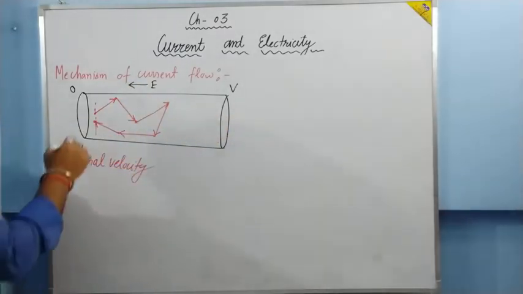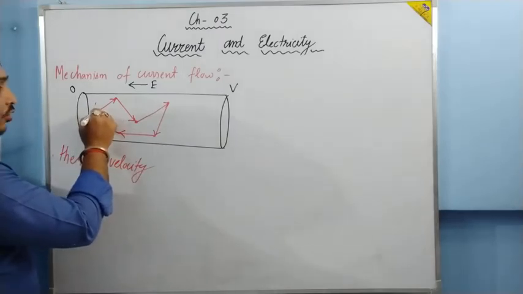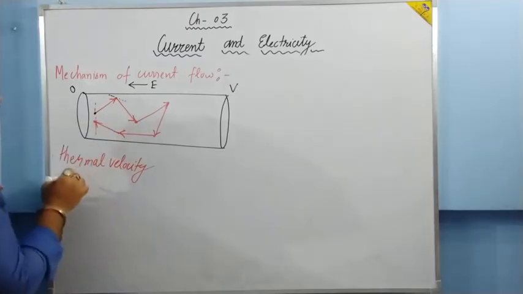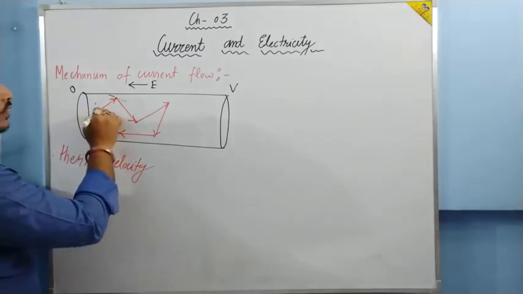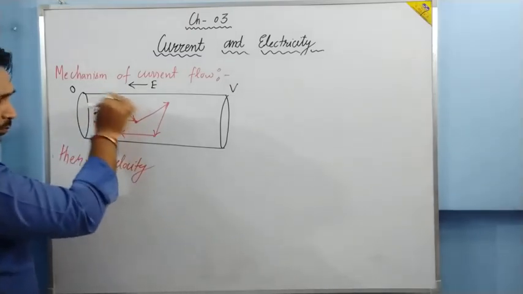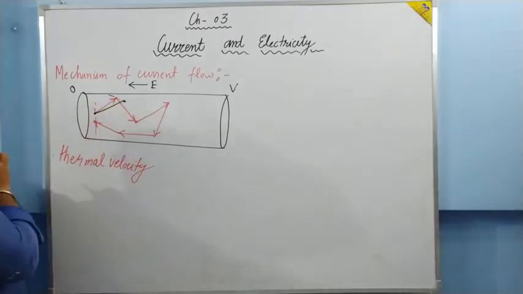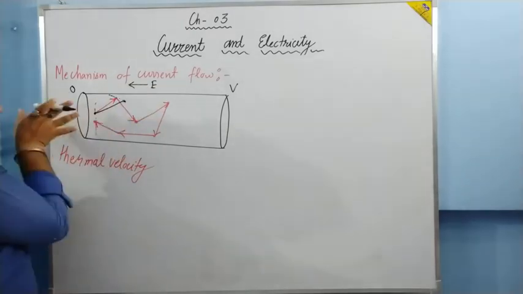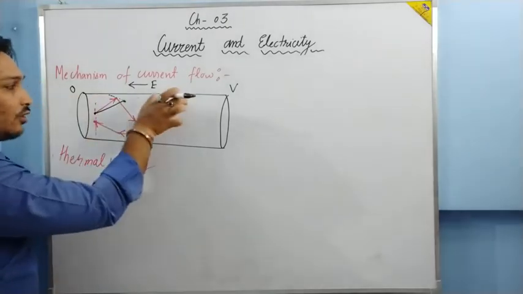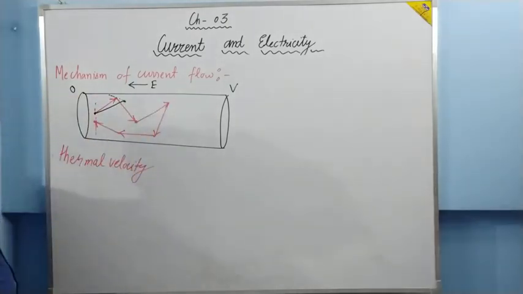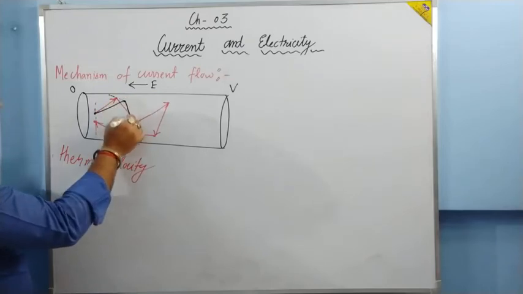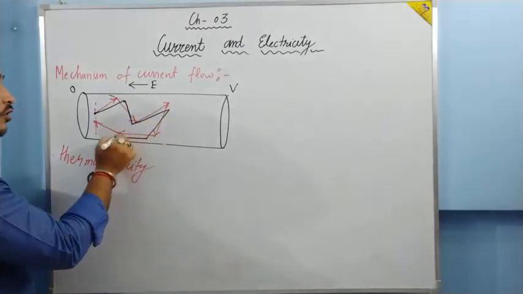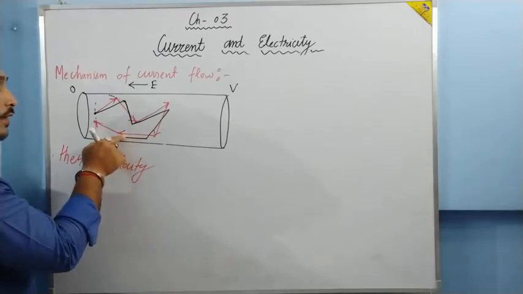So now what happens? This electron, earlier it was striking at this point, now it will strike a point which is a bit this side of that earlier striking point. Why? Because now this electric field is pulling the electron opposite to its direction, and now it will strike this side.